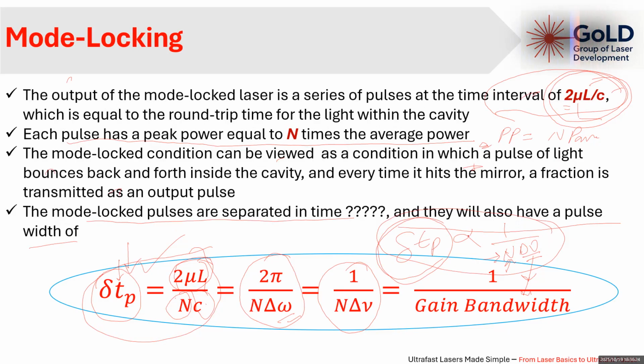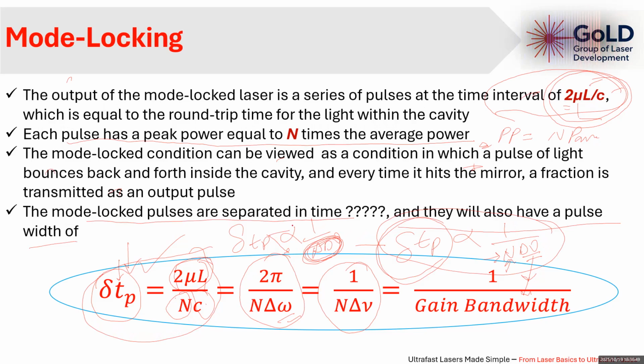So what this shows is that with delta nu, if this increases, we have a shorter pulse. If this decreases, then we have a longer pulse.